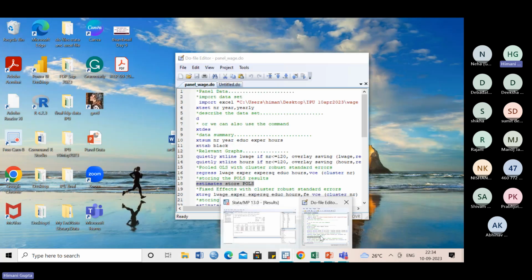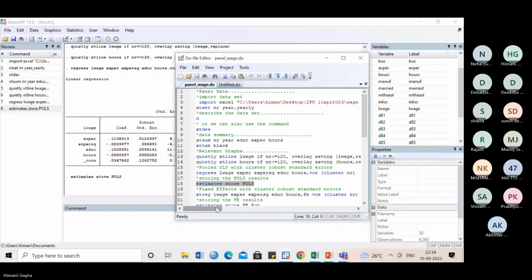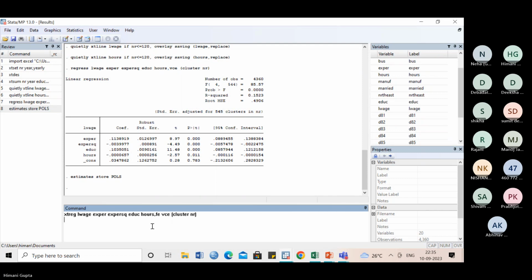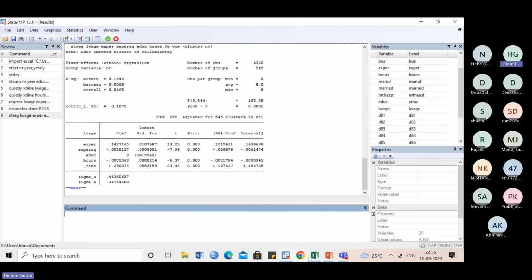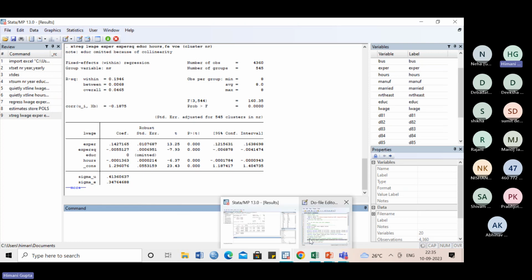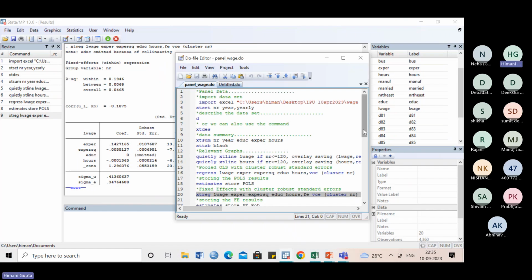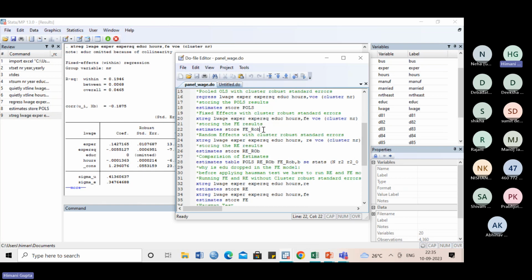Similarly, I'll do it for fixed effect also. So I'm giving the command for fixed effect. Again, I'm going to store this command in some variable. Let me give you the variable: I have just stored the command in FE.